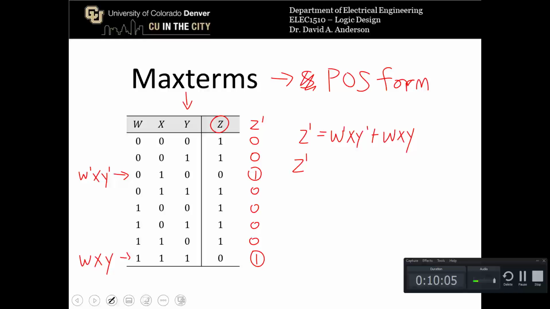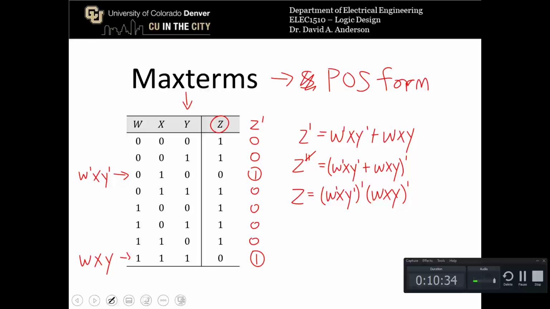So z double prime, which cancels out and just becomes z, is equal to w prime x y prime, or w x y, with the whole thing primed. And now I apply De Morgan's theorem, so z is equal to (w prime x y prime) prime and (w x y) prime.